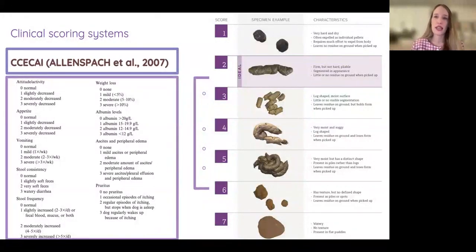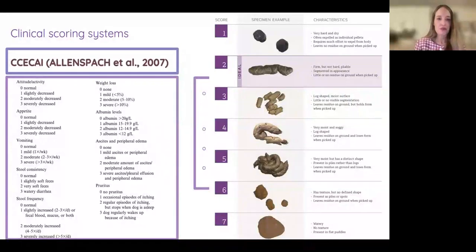There are a few scales developed, but this one I like quite a lot because it has 7 points. It's quite detailed, but not too detailed. The 2 would be the ideal fecal score, and everything above that would be a bit problematic, but because we have a grade, you can evaluate the improvement of the patient.